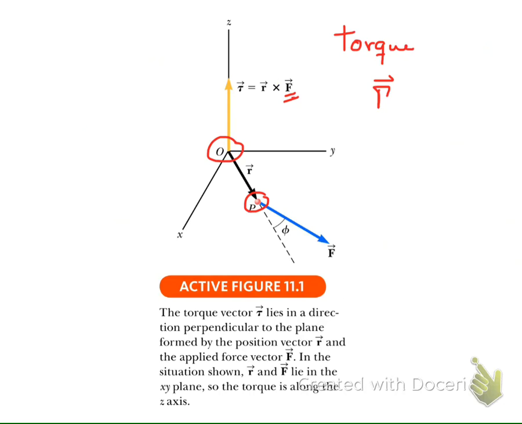So you can see that if the particle is here, the force F is applied to this particle, and the position vector is R like this, we have torque pointing in the positive z direction like in this figure. This is a vector definition of torque, and we will see that this definition is quite useful when we try to relate this quantity, torque, to what we will define later, the angular momentum.